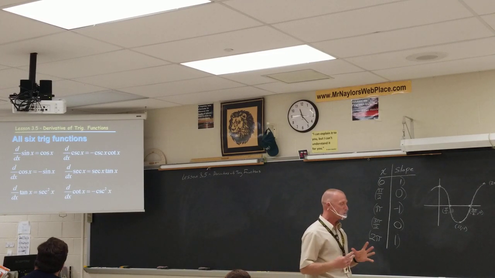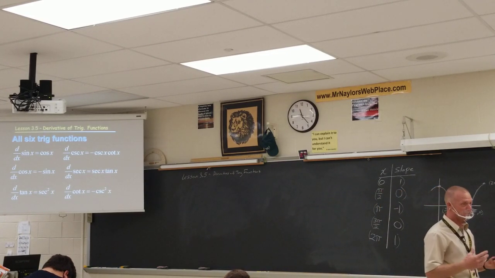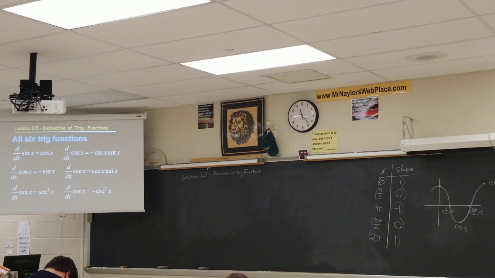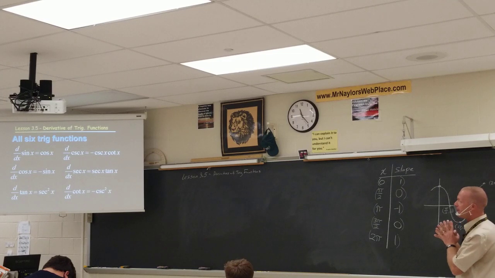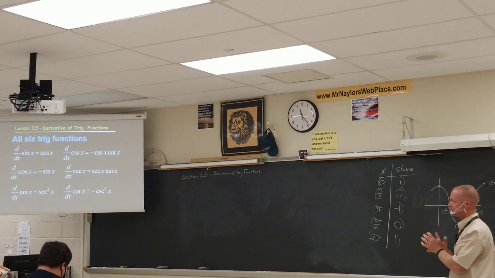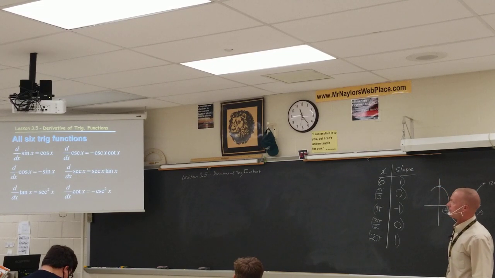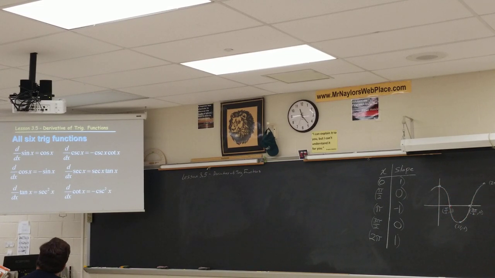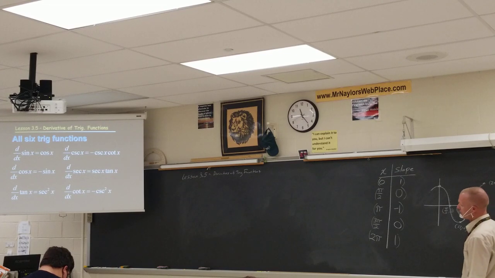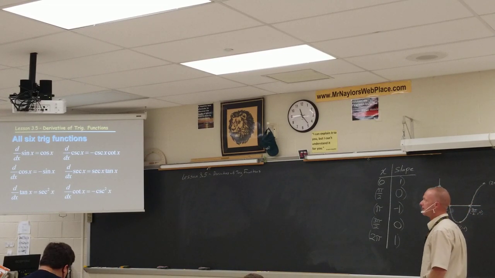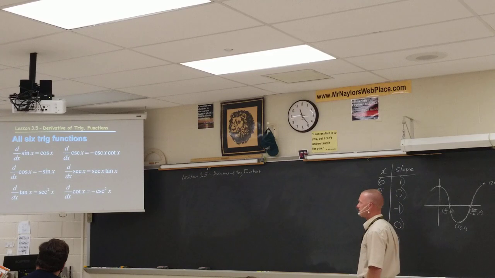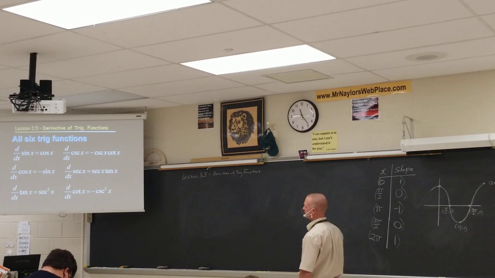Now, what I'm showing you here is a set of rules. It's a set of rules that show you or tell you the slope of each trig function. I'll let you jot them down. Be careful that you write them down correctly. They are in the book, but they're kind of scattered. So unless you're going to look in the book, just carefully get all the components of these.